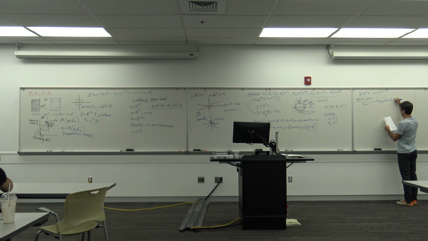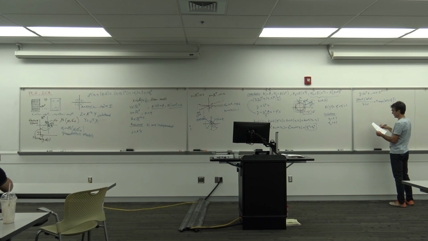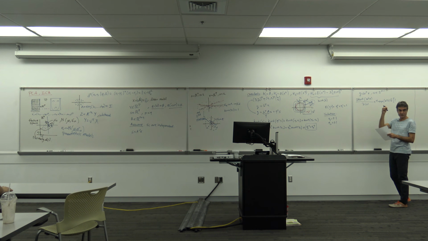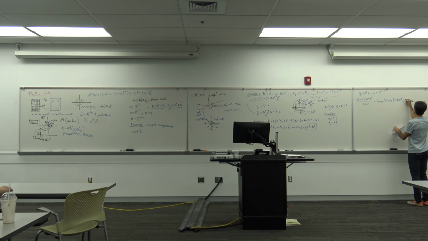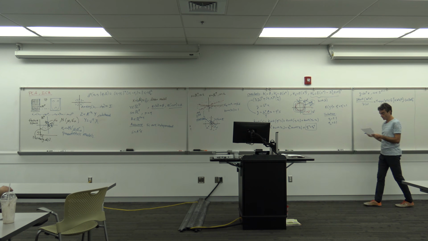And then the expected value of W transpose X to the 4th, so I take the 4th here, so I have W transpose X to the 3rd. Minus 3 times the squared 2 norm of W.